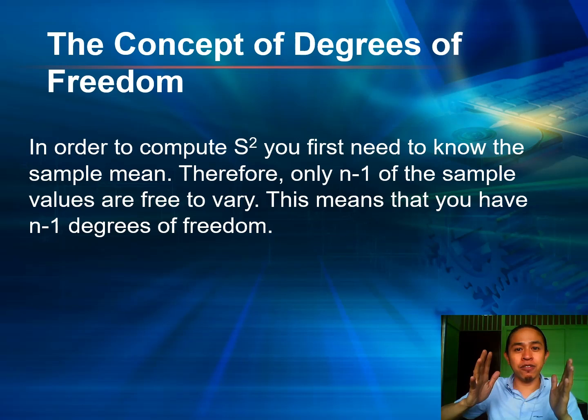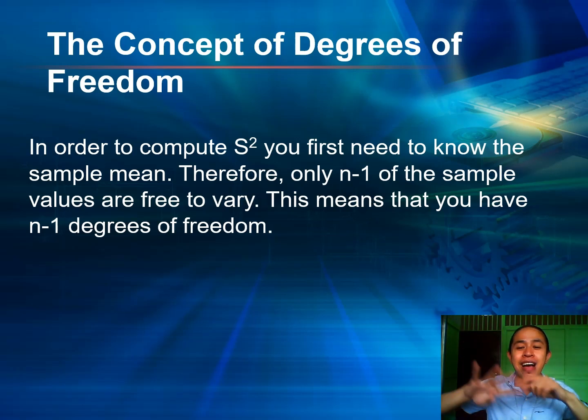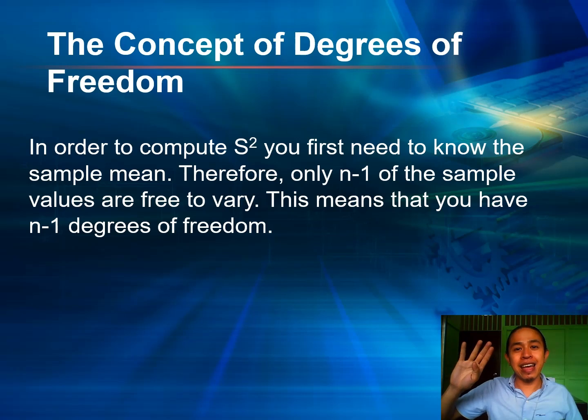That is the concept of degrees of freedom. All other values are free to vary except for 1. That one balances in order to achieve the target. Okay, that is the concept of degrees of freedom.